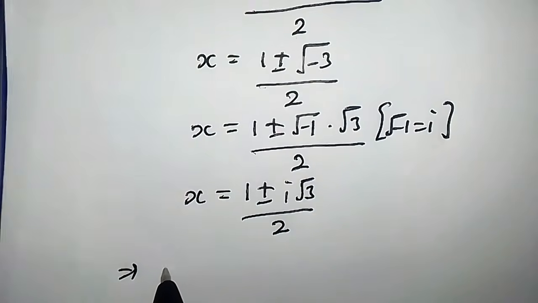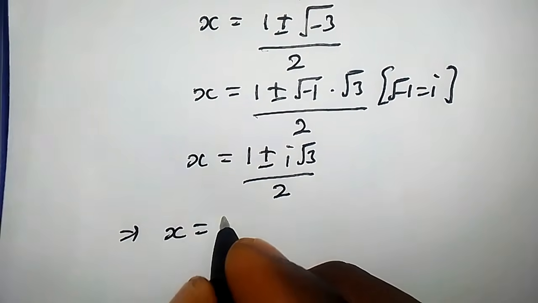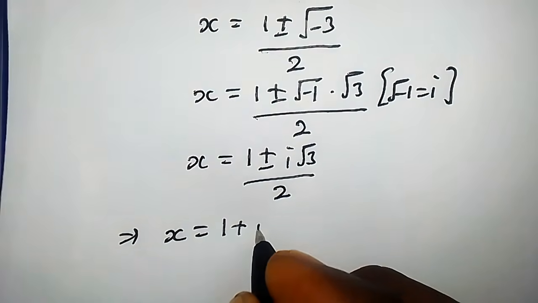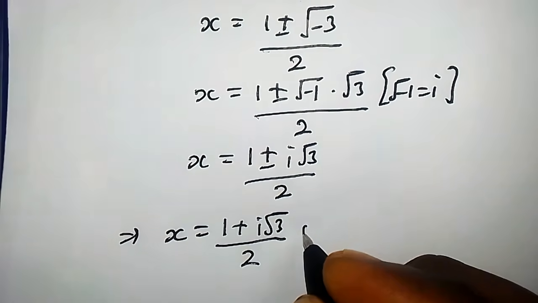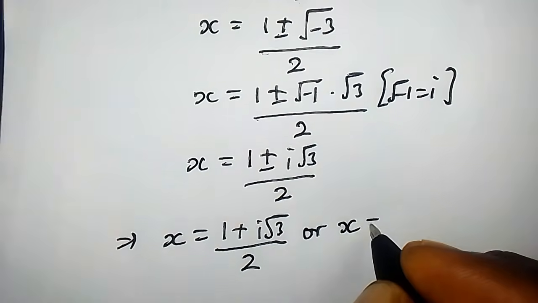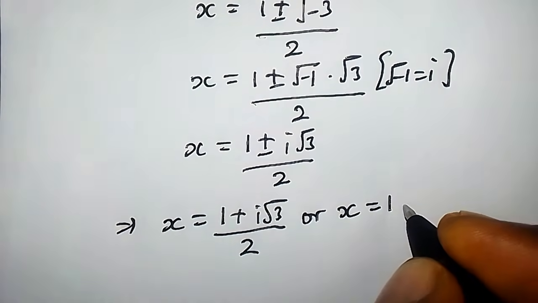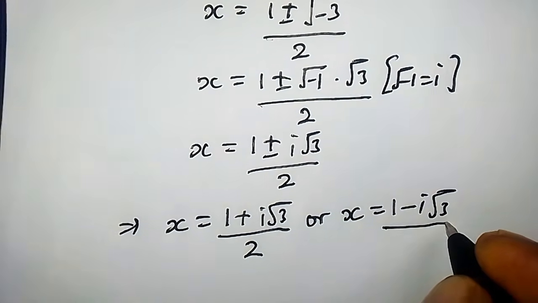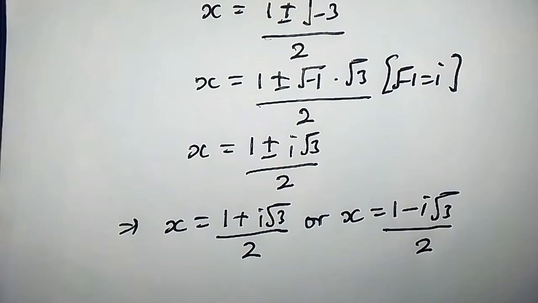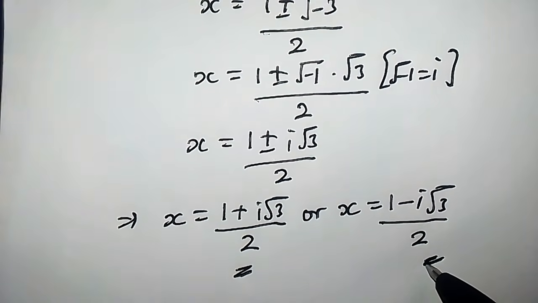This implies that x is either equal to, considering the positive sign, 1 plus i times square root of 3 divided by 2, or x is equal to, considering the negative sign, 1 minus i times square root of 3 divided by 2. This is the second solution, while this is the third solution.